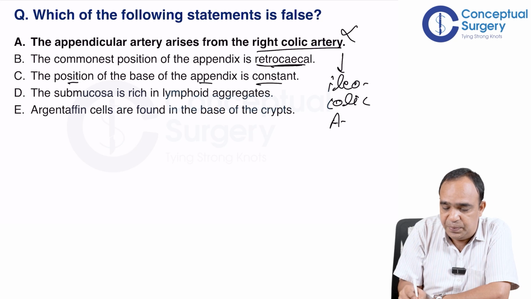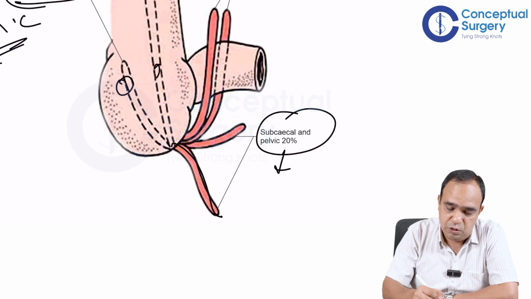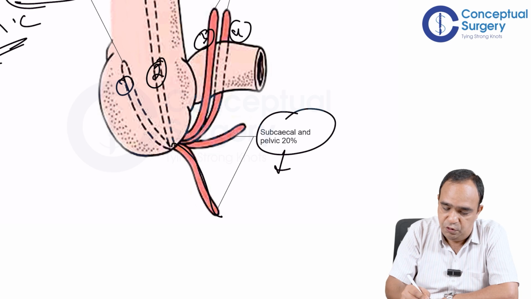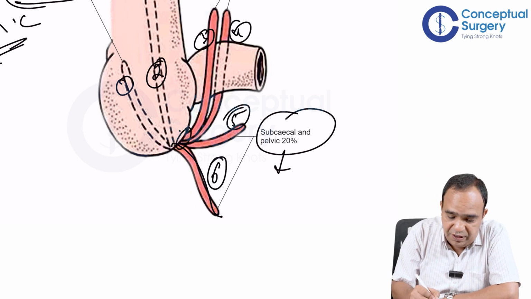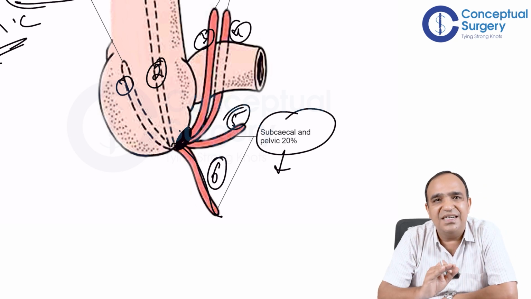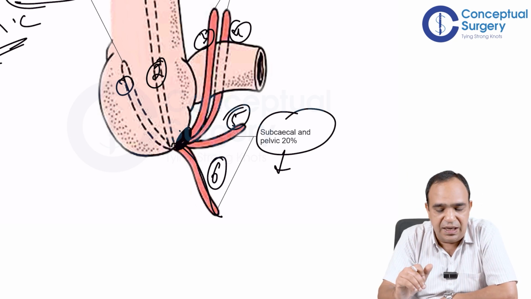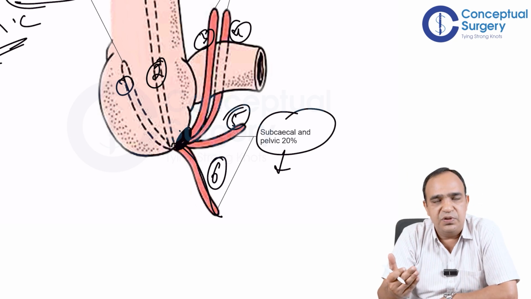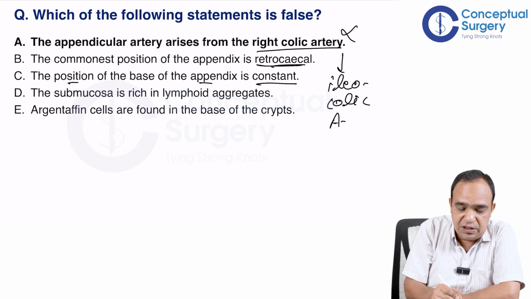Position of base of the appendix is constant. Again, in this diagram, you can see 1, 2, 3, 4, 5, 6 positions of appendix, but all of them have the same base. The base is constant. It's the direction of the tail that decides the position, right? But the base is constant, irrespective of the position.